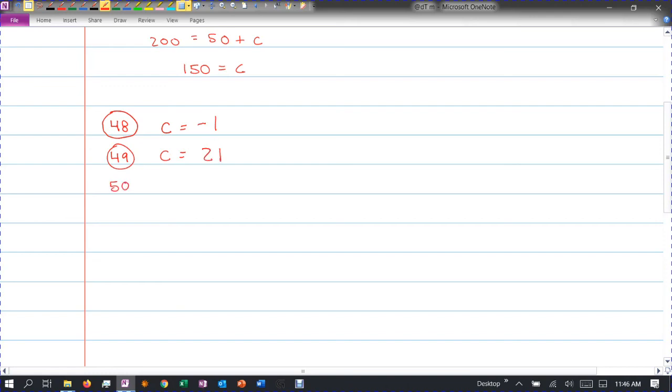And for 50, c should be 2 minus e. 51, you should get c is 2. 52, c is -1. 2 more. 53, c is 8.